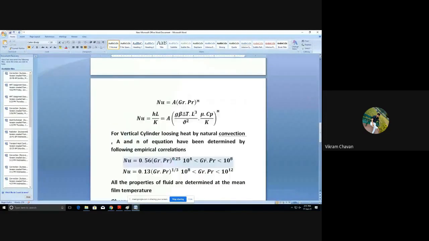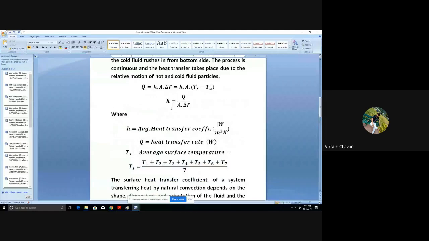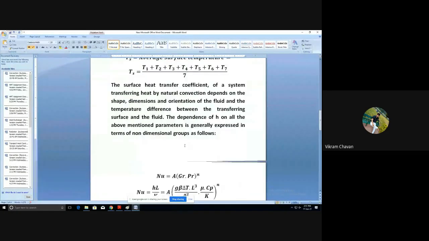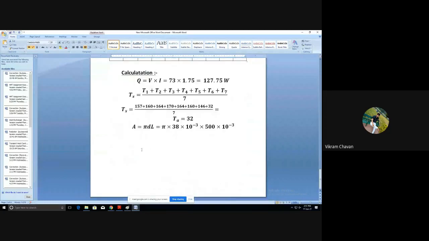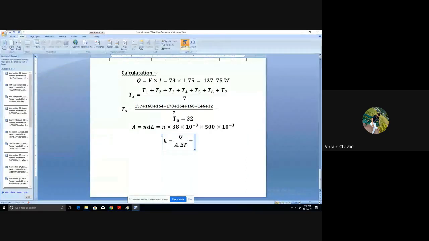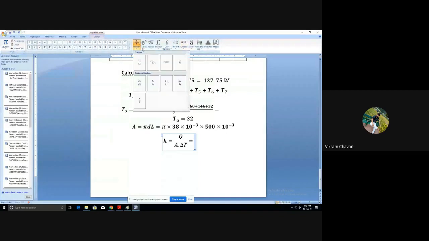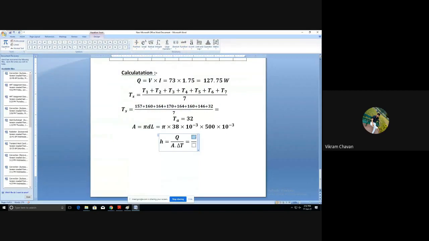The h formula I will take directly. h is equal to Q, how much? 127.75 divided by area.